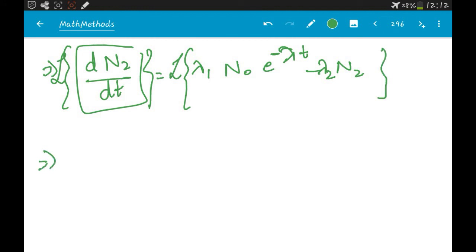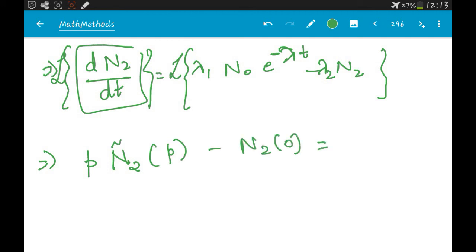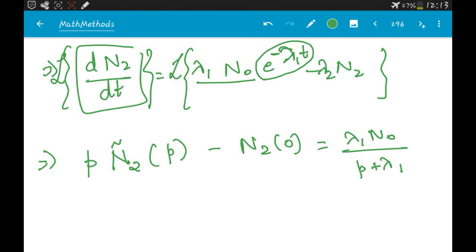We get p n2 of p minus n2 of 0 is equal to, now lambda 1 and n naught are constant, and we have to take the Laplace transform of e power minus lambda 1 t. What is the Laplace transform of e power minus lambda 1 t? It is lambda 1 n naught by p plus lambda 1.